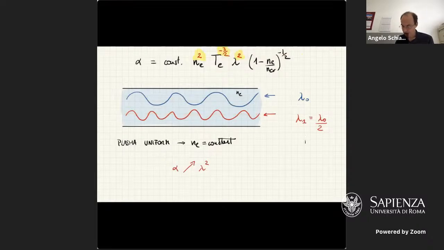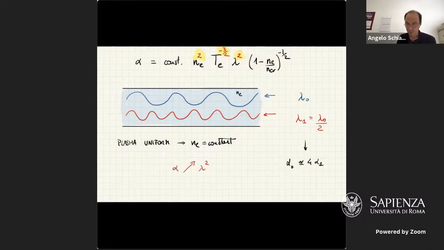In our case, the attenuation of alpha 0 is going to be almost 4 times the attenuation of alpha 1. Or let's say the attenuation of a short wavelength is going to be 4 times smaller than the attenuation of the longer wavelength.